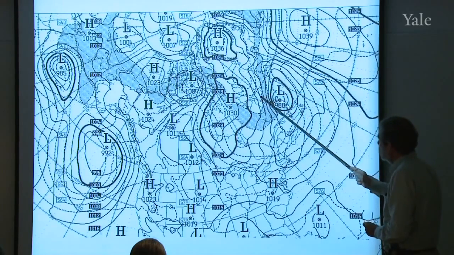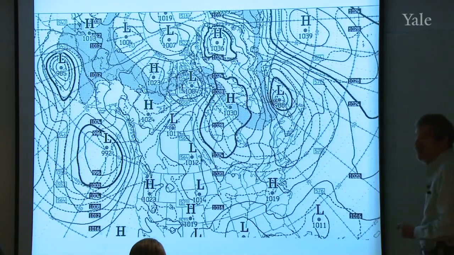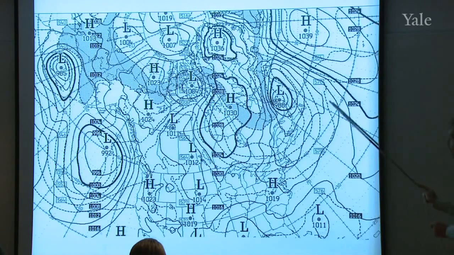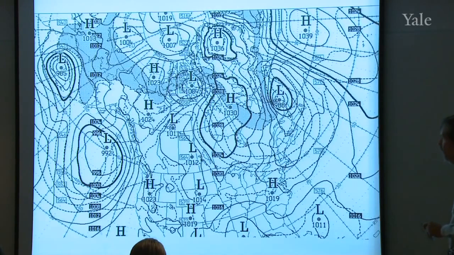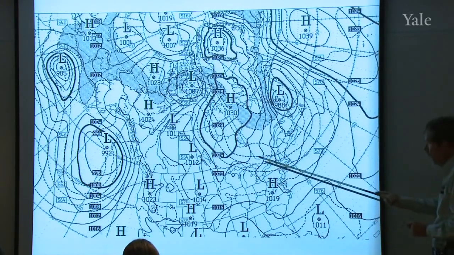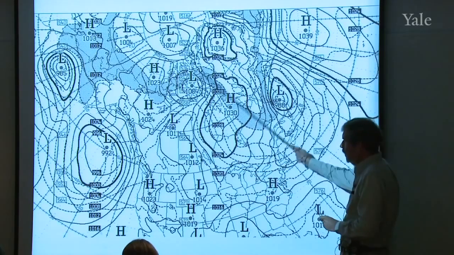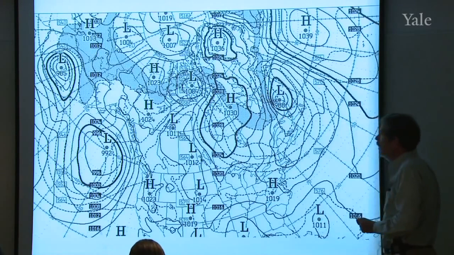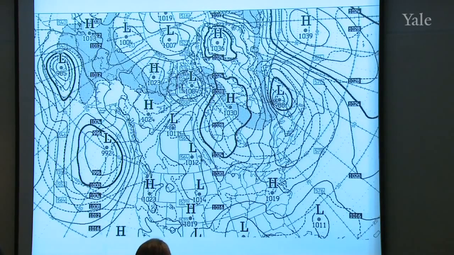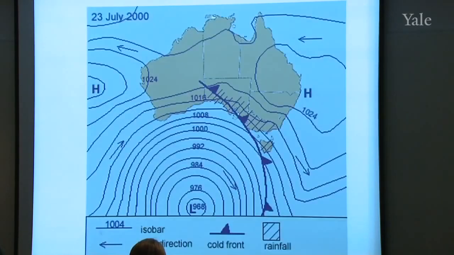And the speed of the wind is related to the packing of the isobars. So the mid-latitude and high-latitude atmosphere is just loaded with these eddies. And one of their jobs is to pump heat northward to balance the heat budget of the high latitudes and low latitudes, which I spoke about last time.